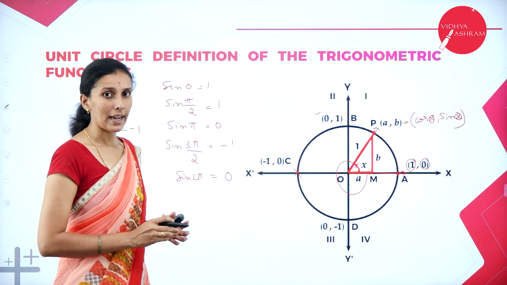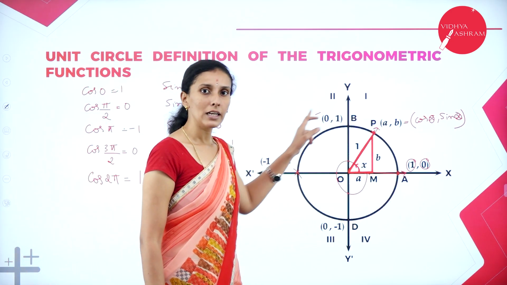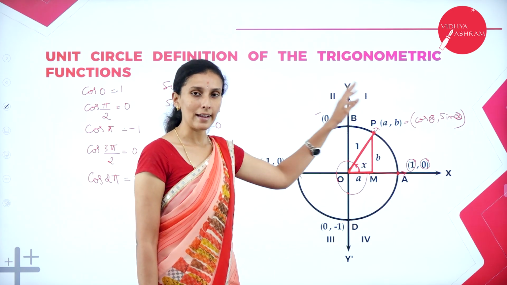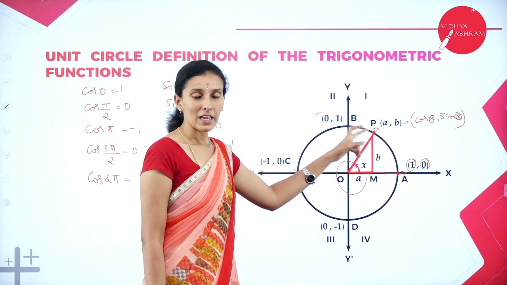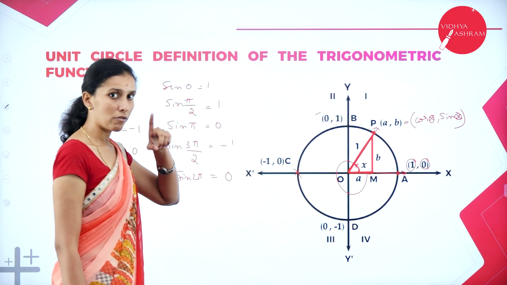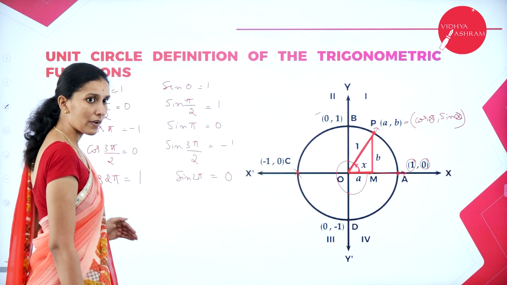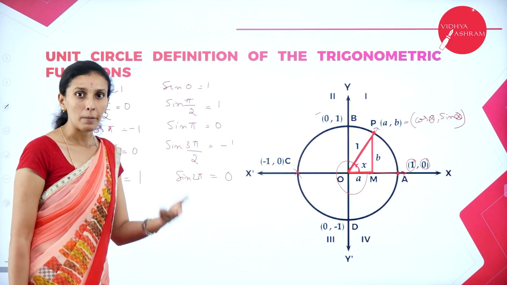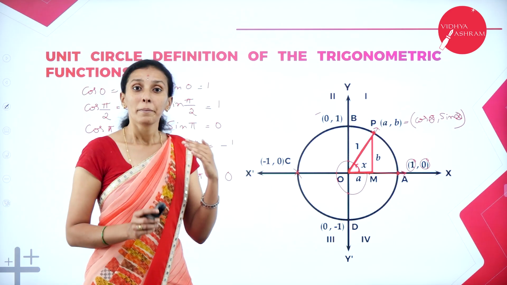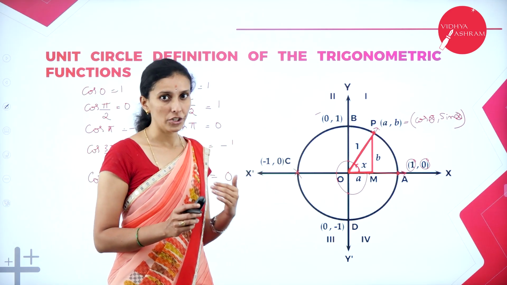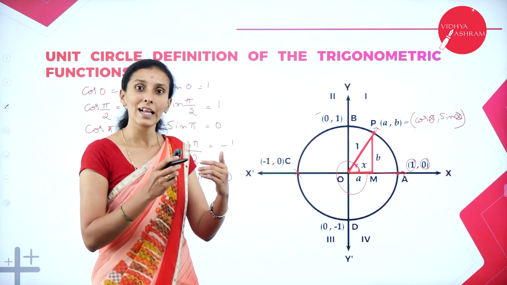What does this indicate? That means after one complete revolution, even though the angle increases inside the circle, the value will remain same. That is, after one revolution, the value of cos function and sin function repeats. Therefore, they are called periodic functions. Periodic function means after such intervals, the values of the function will repeat.